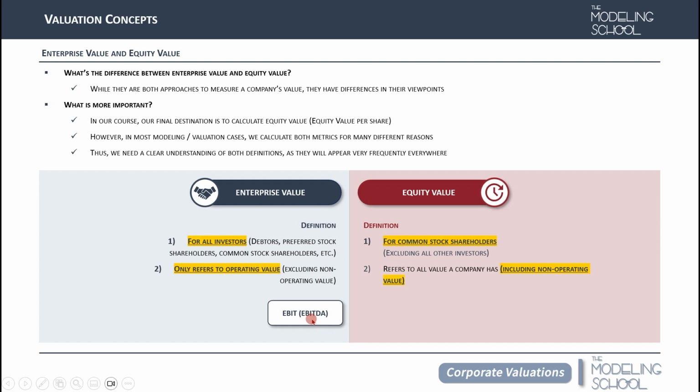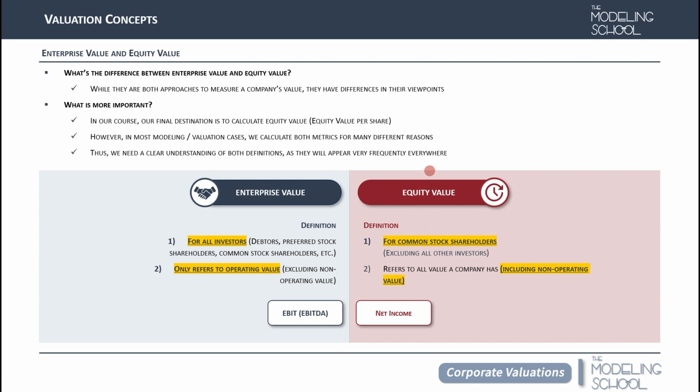These items correspond very well to the concept of enterprise value. On the other hand, what corresponds well with equity value? Here we have net income. Net income is from the common stock shareholders' point of view, and it also includes non-operating income. So net income or EPS correlate very well with equity value.